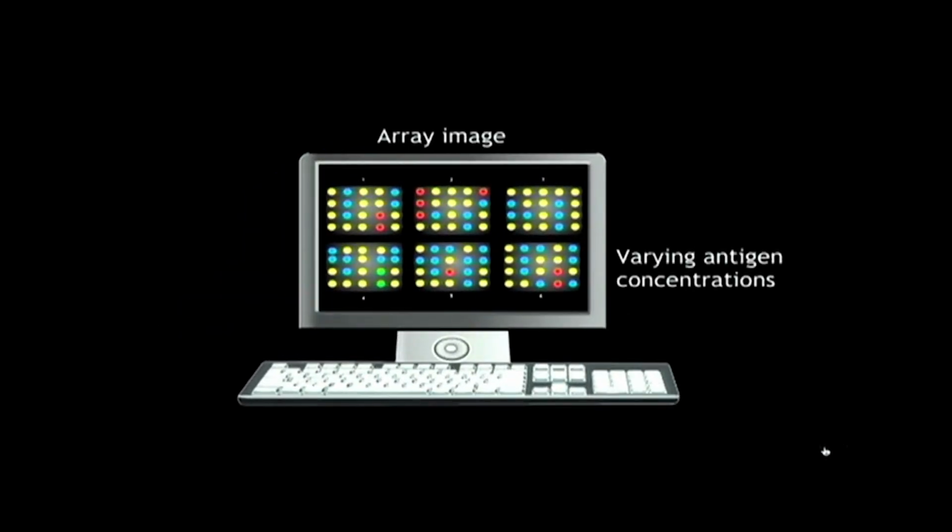The authors found that such microarrays of antibodies could detect their corresponding antigens at concentrations as low as 1 nanogram per ml.